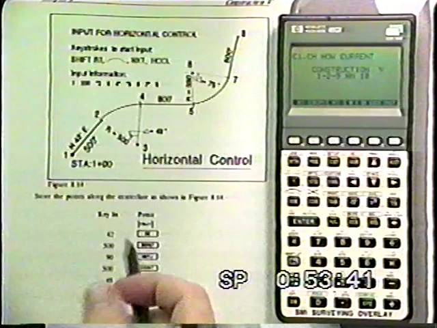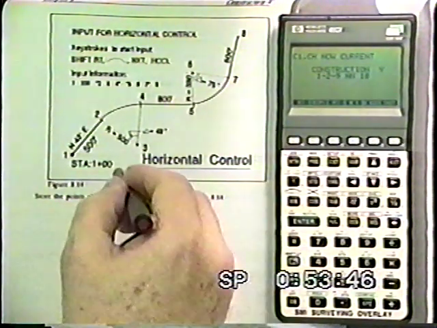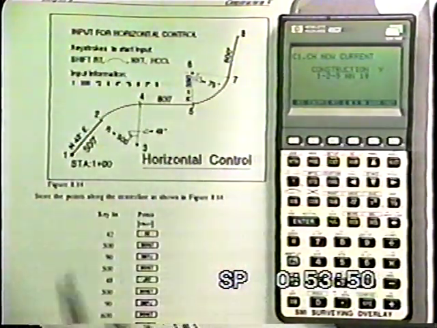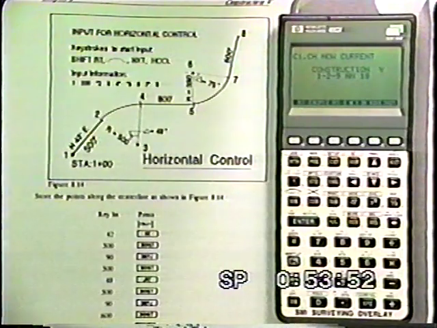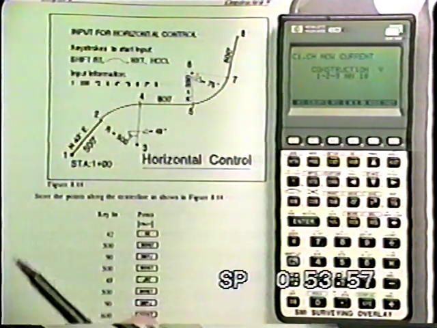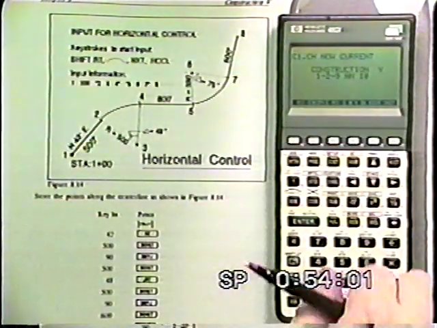Let me tell you another application of this. Let's suppose that you have just a boundary fence line and you're traversing around through here. You can literally know the offset from your boundary line by just traversing and storing points. It'll give you the offset and the distance you've come along the traverse.